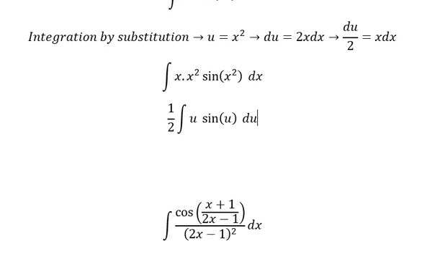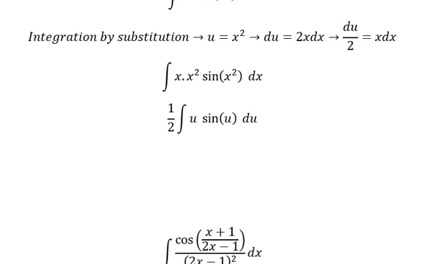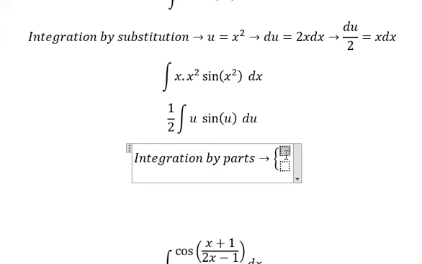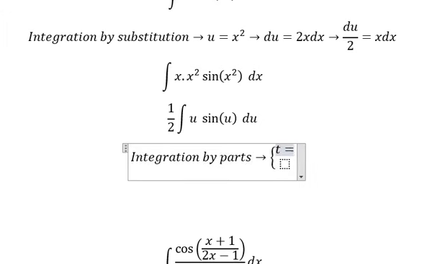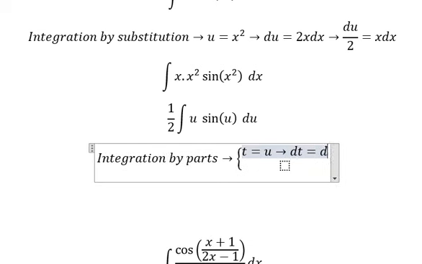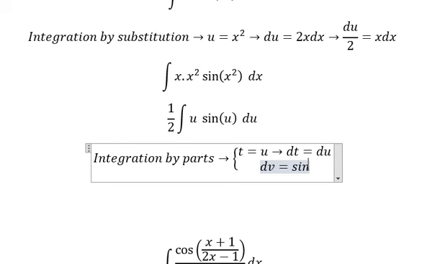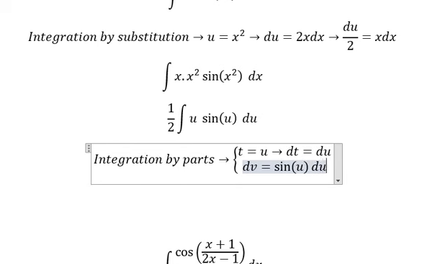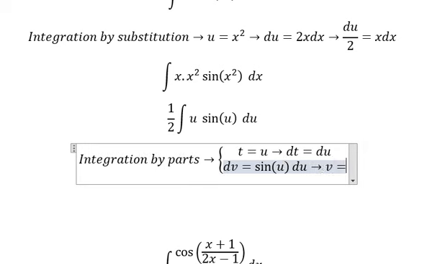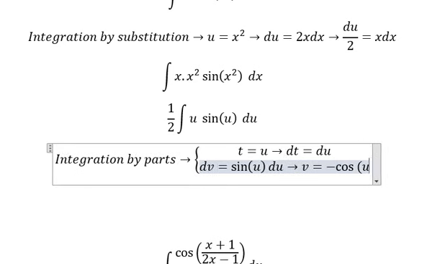Now, we need to use integration by parts. So we put t equals u. So we do first derivative for both sides. You get dt equals du. dv, you get sine of u du. So if we do this integration, we get v equals negative cosine of u.